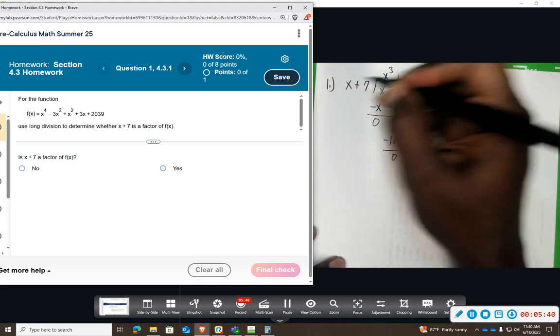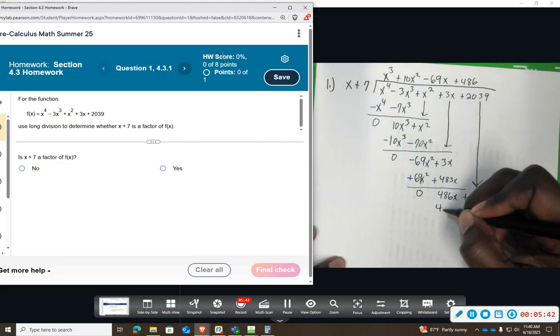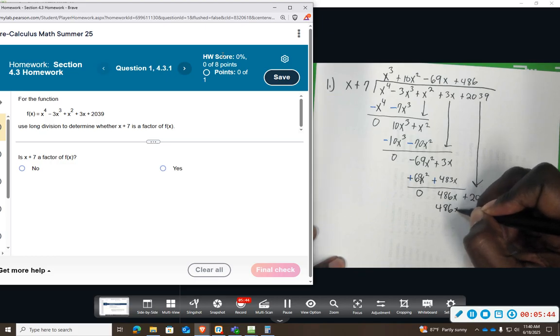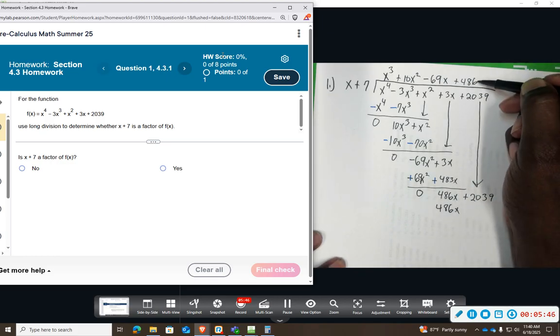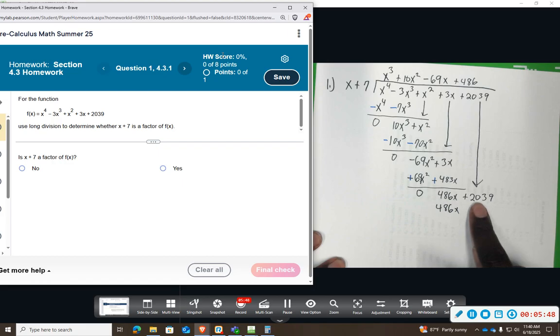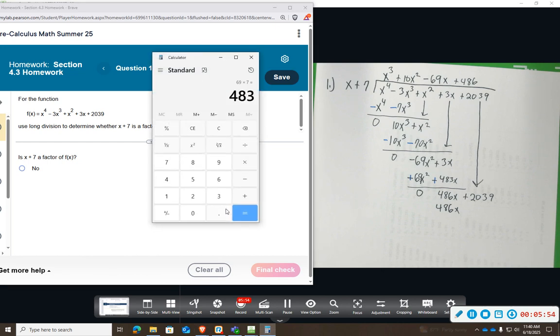So I'm going to multiply 486 by x. It's going to give me a 486x. And if things work out nicely, when I do 486 times 7, hopefully we get the 2039. So we're going to do 486 times 7. Gives us 3402.